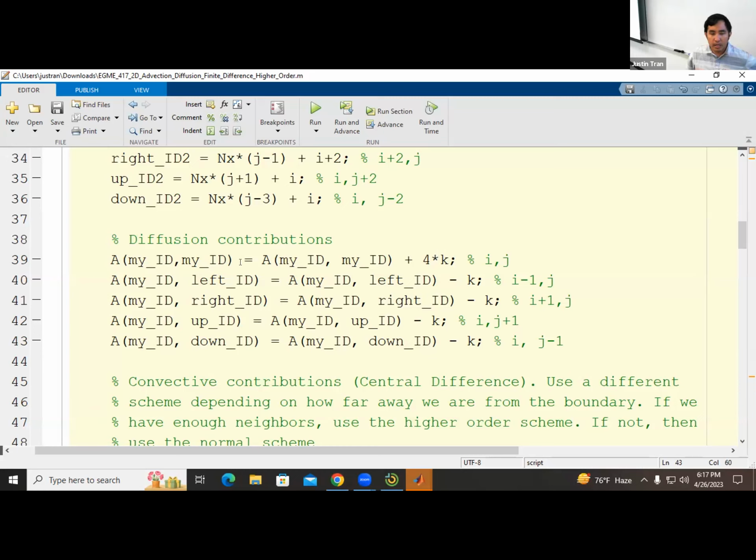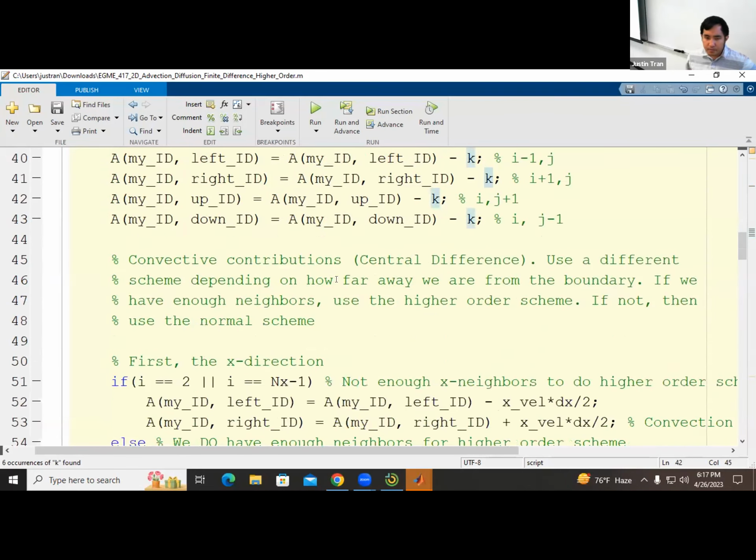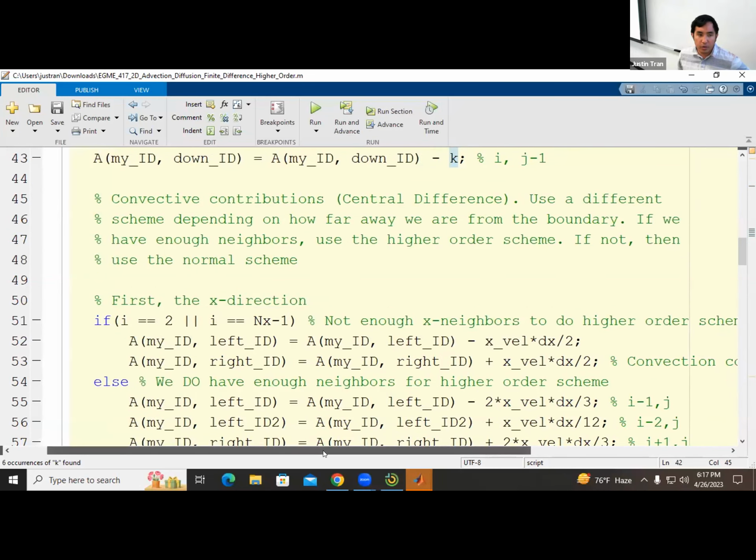Then for all of the immediate neighbors, the left, right, up, and down neighbors, we have minus k for all of these terms. That's read directly off our equation. Whether we're using the higher order scheme or the basic scheme, the diffusion is going to stay the same. That's why I've done it separately, and then we're going to do the convection part on its own.